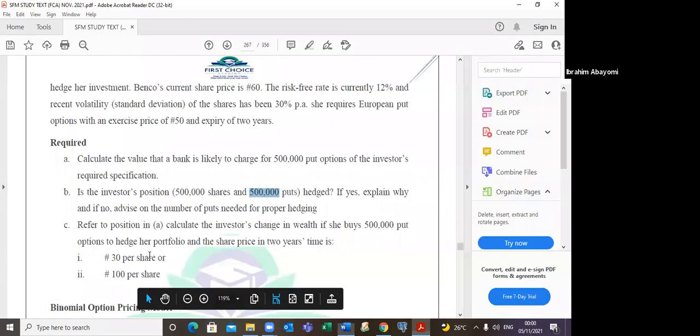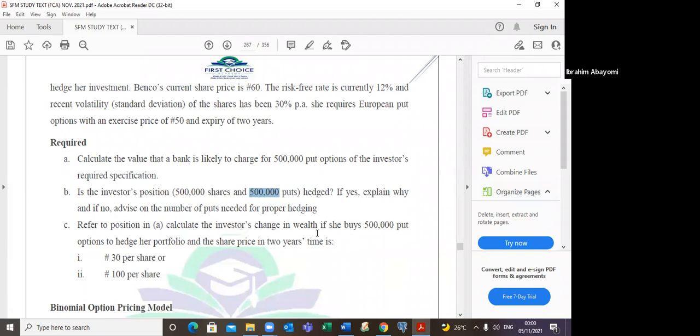C. Refer to position in A. Calculate the investor's change in wealth if she buys 500,000 put option to hedge her portfolio, and the share price in 2 years' time is 30 naira per share, 100 naira per share.